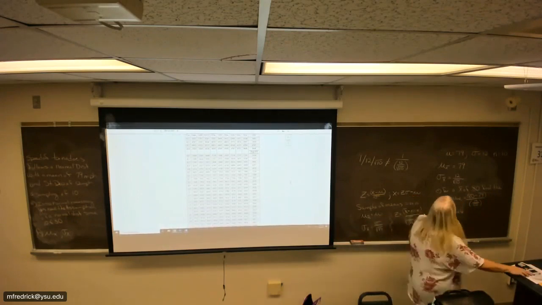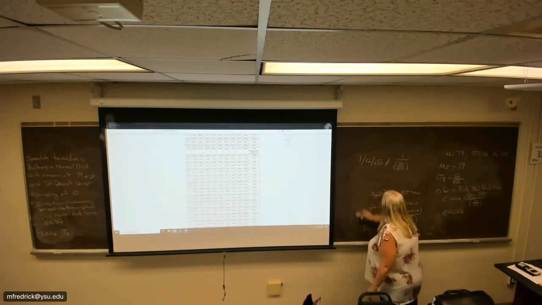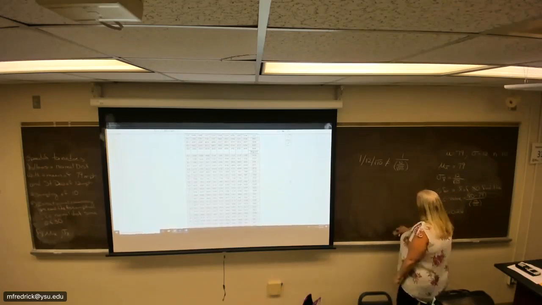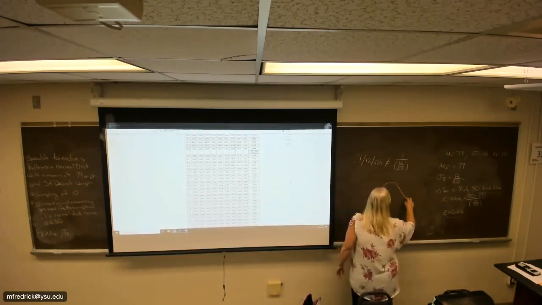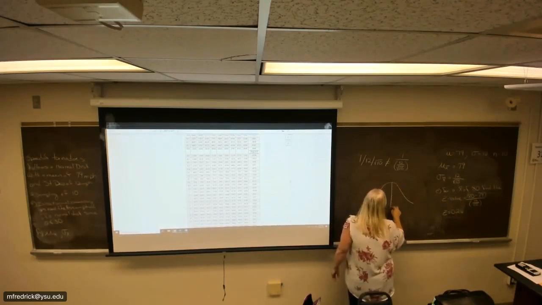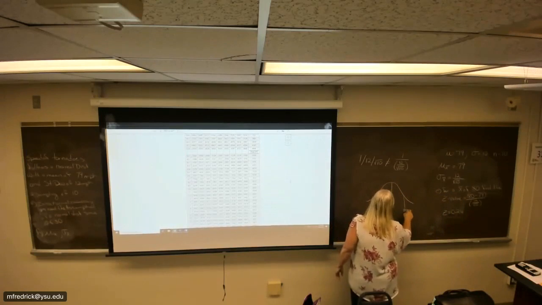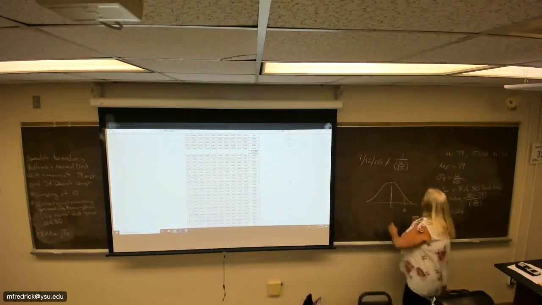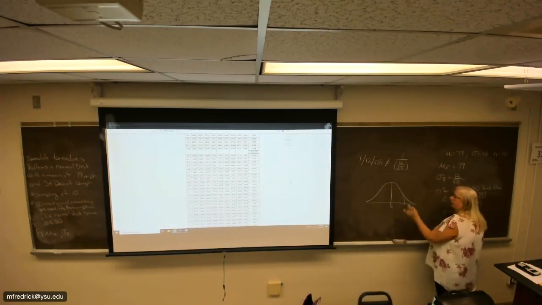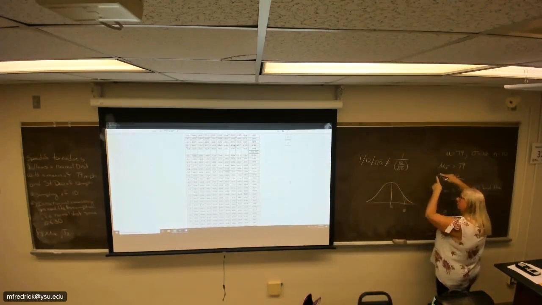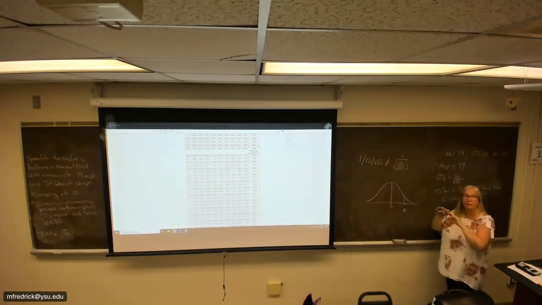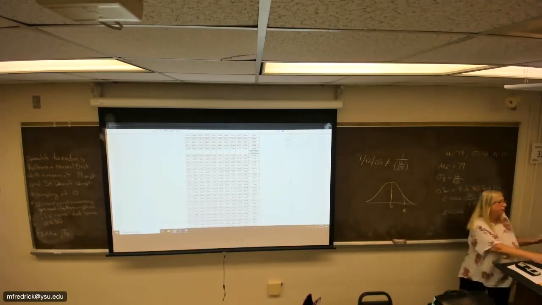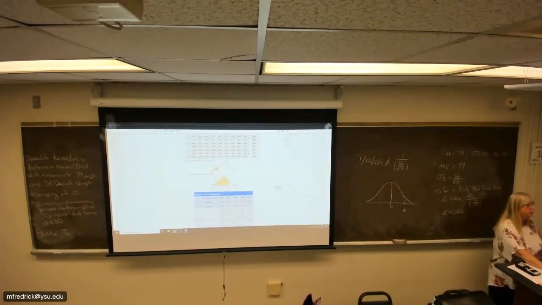So if you think of a normal curve, Z is on the outside. When you're reading Z, you're using the outside part. Anything under here, that's on the inside. And it needs to be below.